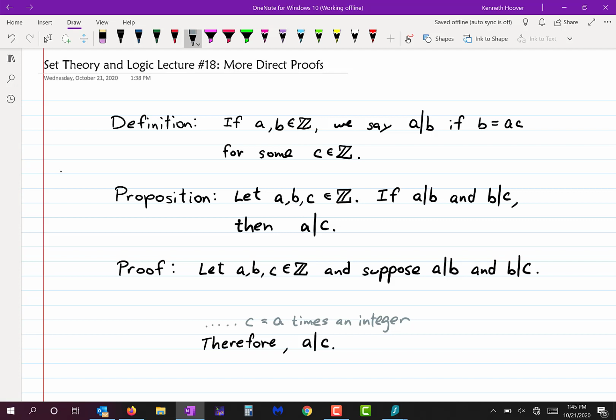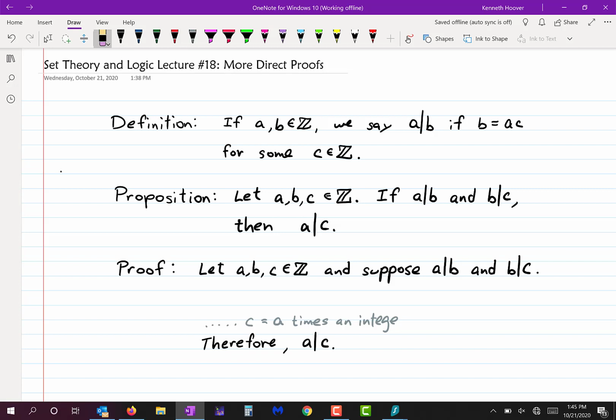Do you agree that that's what I need to get to? And then once I get there, this will be automatic. I'll be able to say a divides c because I will have shown that a fits the definition of dividing c.